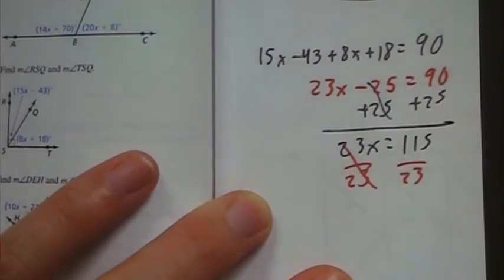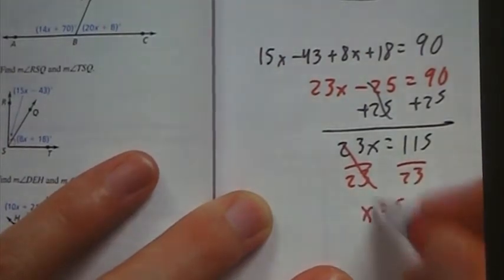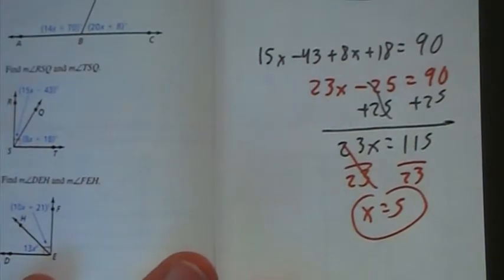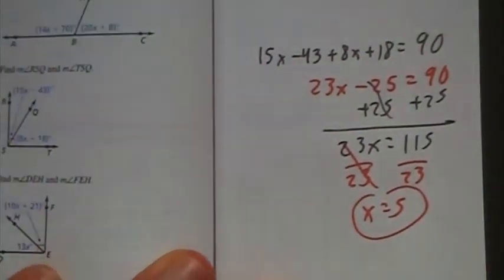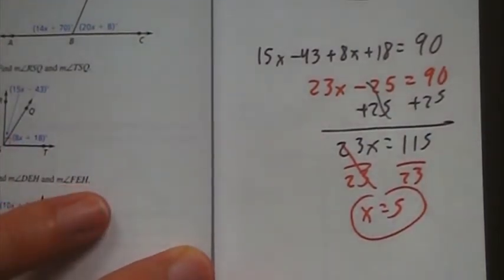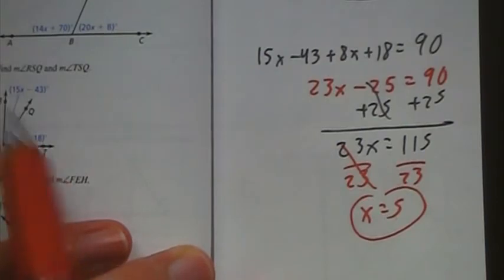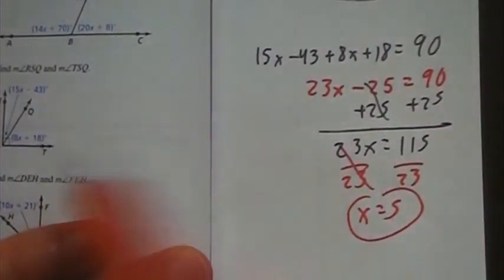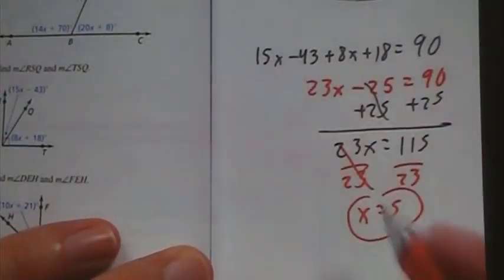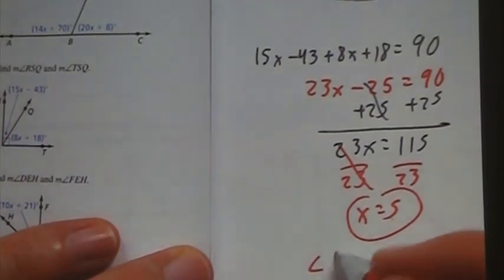It's gotta be 5. Boom. Are we done? We haven't quite answered the problems yet. It says find angle RSQ and angle TSQ. So we're going to take our 5, substitute it into one of those guys. I'm going to just sub it into that guy. So I can go angle TSQ.